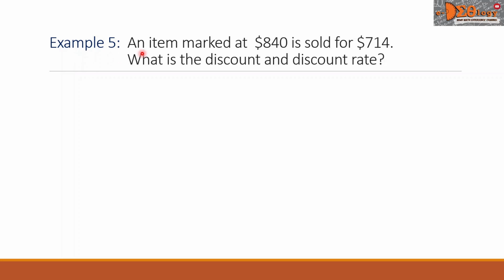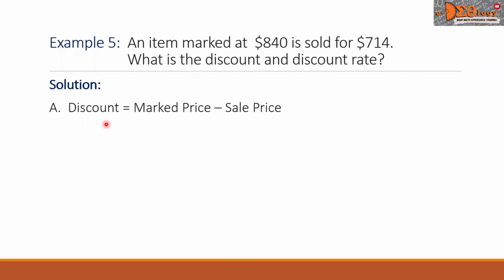Example 5. An item marked at $840 is sold for $714. What is the discount and discount rate? First, let us solve the discount. Based on the given, the formula is marked price minus sale price.